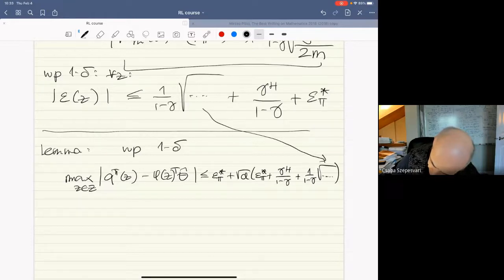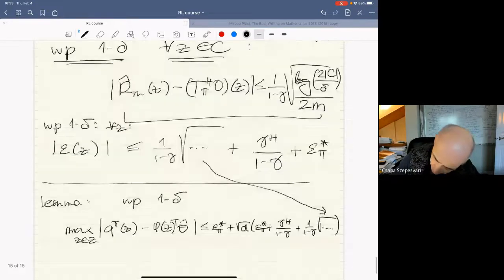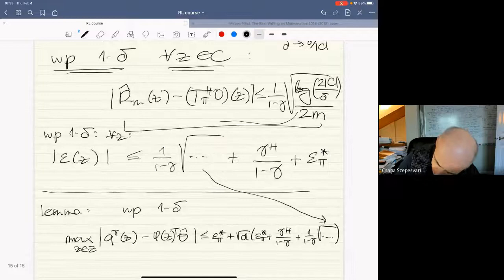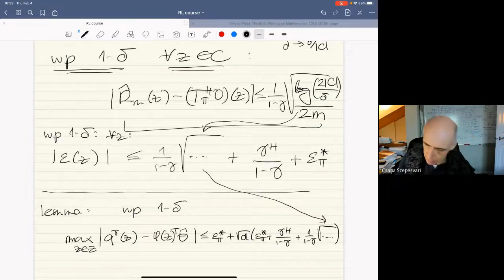That's the same square root as this. I'm not going to copy those.